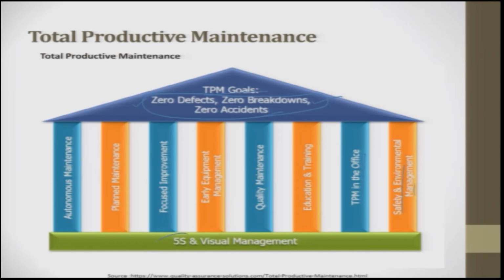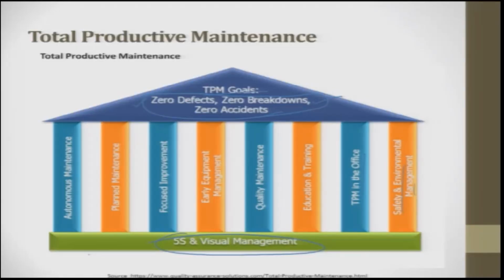Basically they try to say 5S and a visual management system has to be there. So these are all the building blocks or pillars for achieving the TPM goal of zero defects, zero breakdown and zero accidents.